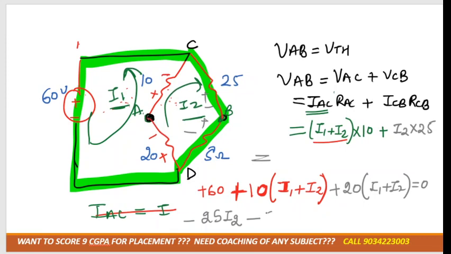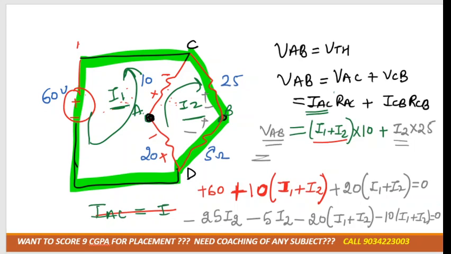The expression is equal to 0. Okay, so after solving it, we'll get the value of I1 and I2, right? Then we can put it over here, then we'll get the value of VAB, right?